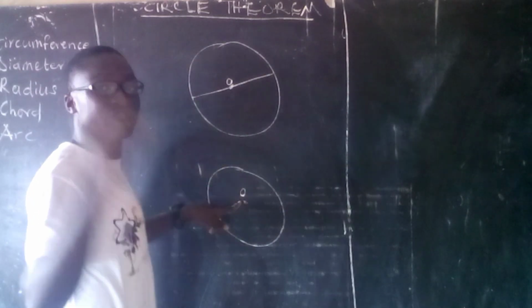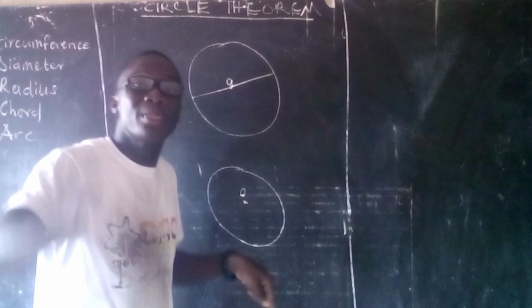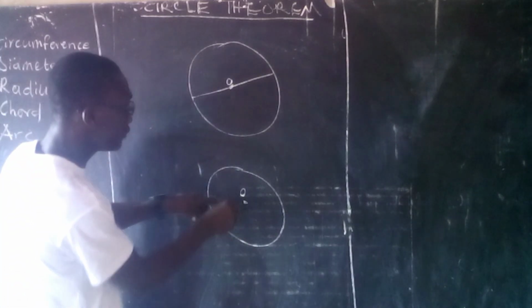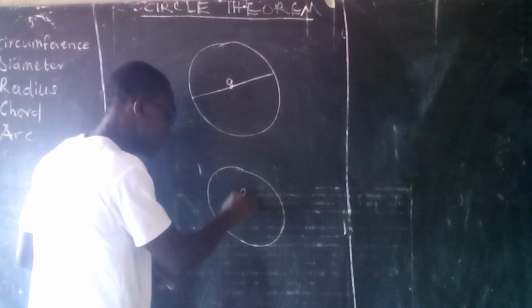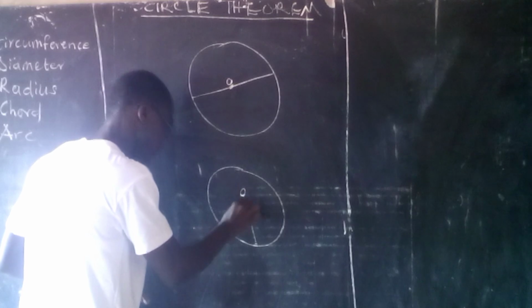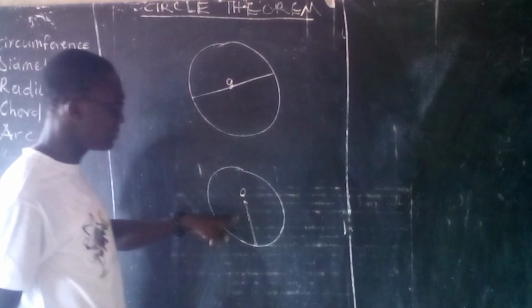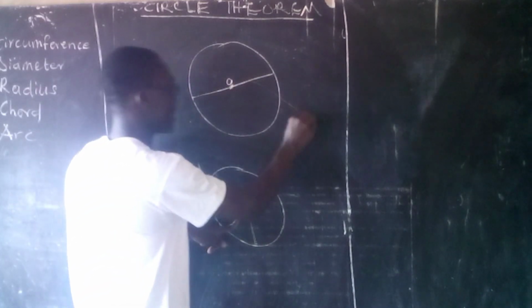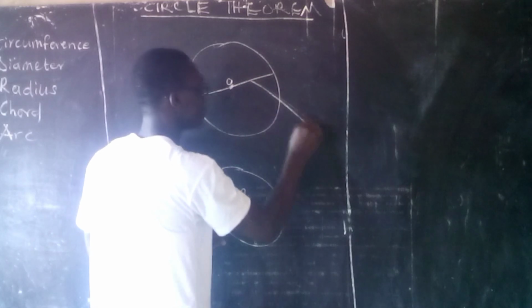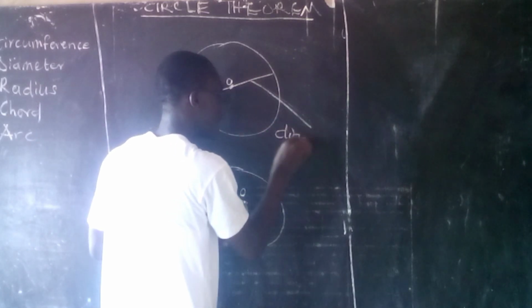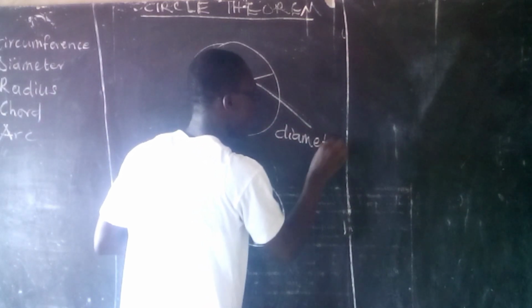So here the key phrase is from the center, to any point on the circumference. So this becomes our radius. And this is the diameter. So we have our diameter, we have our radius.